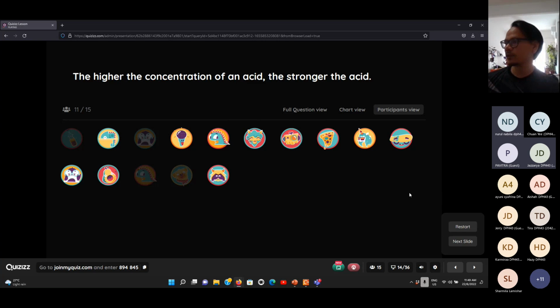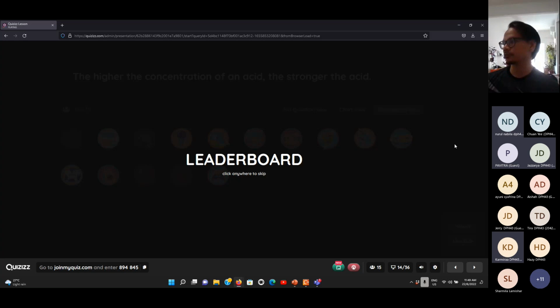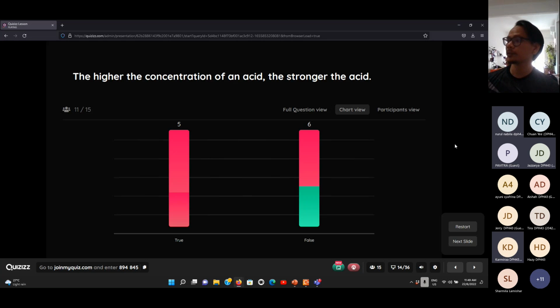The answer is false. Right? I was afraid I was wrong too. The answer is false. Correct. Okay, so more than half of you got it right. Congrats. So remember the definition. The strength of an acid depends solely on the ability to produce H plus ion.